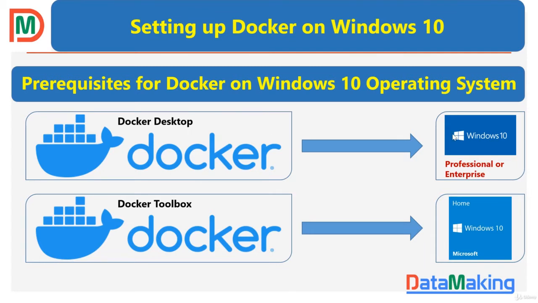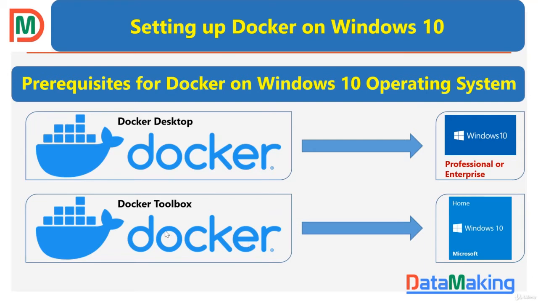If you are using Windows 10 Professional or Enterprise Edition, you have to install Docker Desktop. This is the Docker platform, or Docker software, or you can call it the Docker engine, which you need to install on the Windows machine. The Docker engine will give you the containers when you want to create them. With those containers, we can set up our Spark and Hadoop cluster.